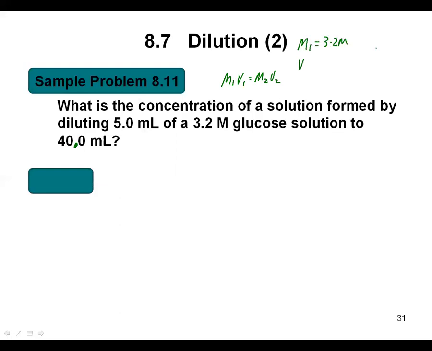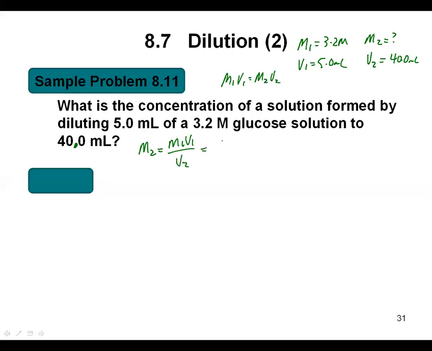Our V1 would be 5 milliliters. Our V2 is our final volume in our more dilute solution. And here we're really looking for M2. So in this case, we would rearrange this and solve for M2. And M2 would equal M1V1 divided by V2.